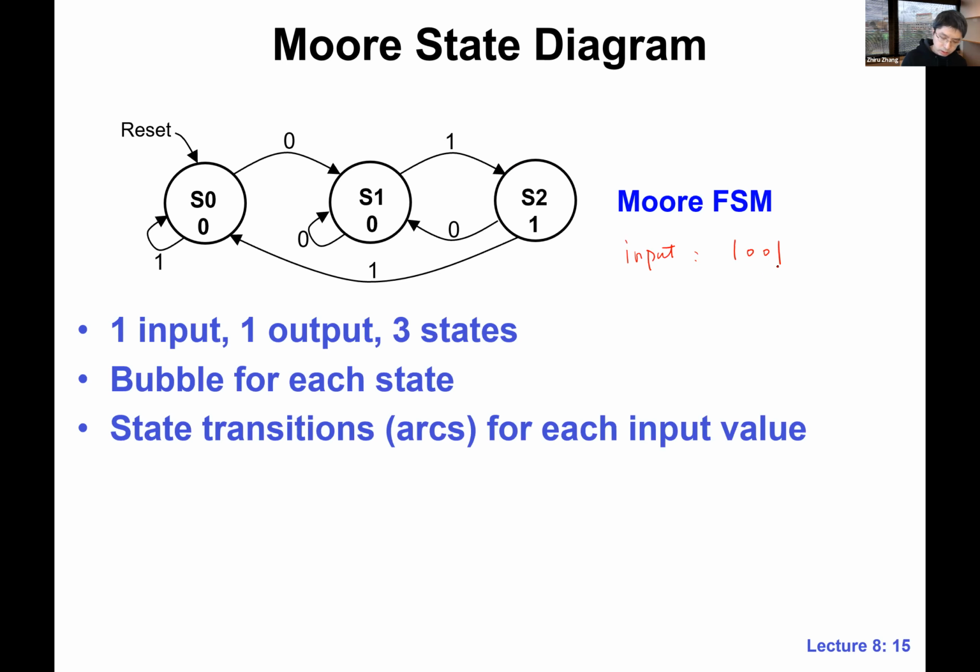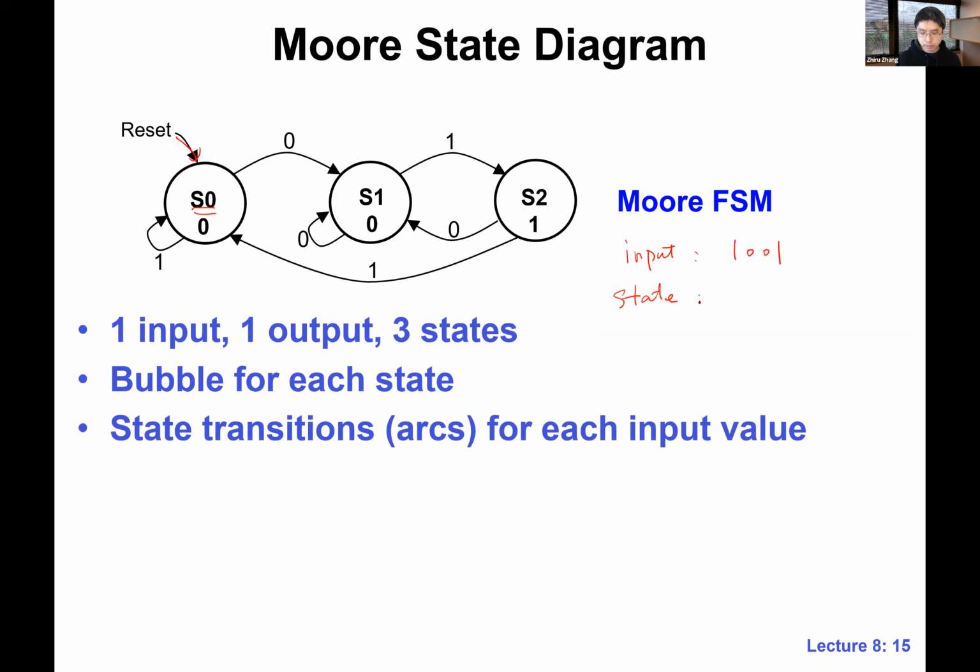And assuming that we also have something called a reset that initializes the whole FSM to state 0. So this is the initial state. If I give you the sequence 1 0 0 1, can you tell me what the state sequence is?